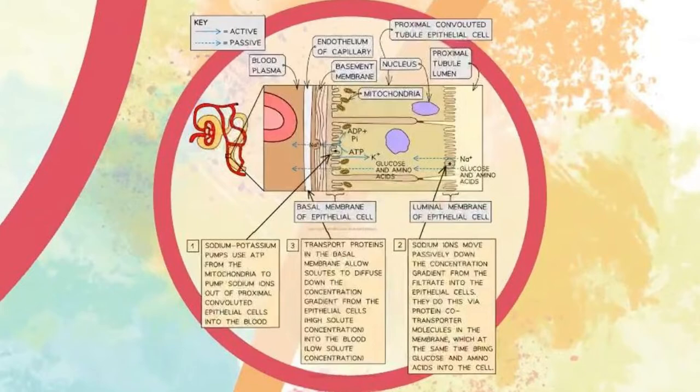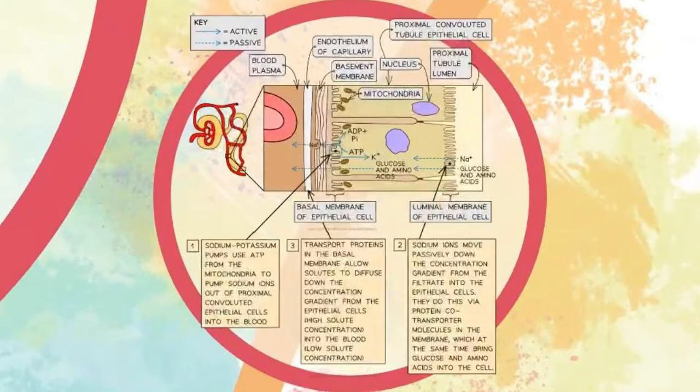Let's look at that in the context of this diagram. So you can see this is a magnified version of the proximal tubule and its relationship with a capillary which is twisted around the proximal tubule. On the left hand side you can see the blood plasma, then the endothelium of the capillary.